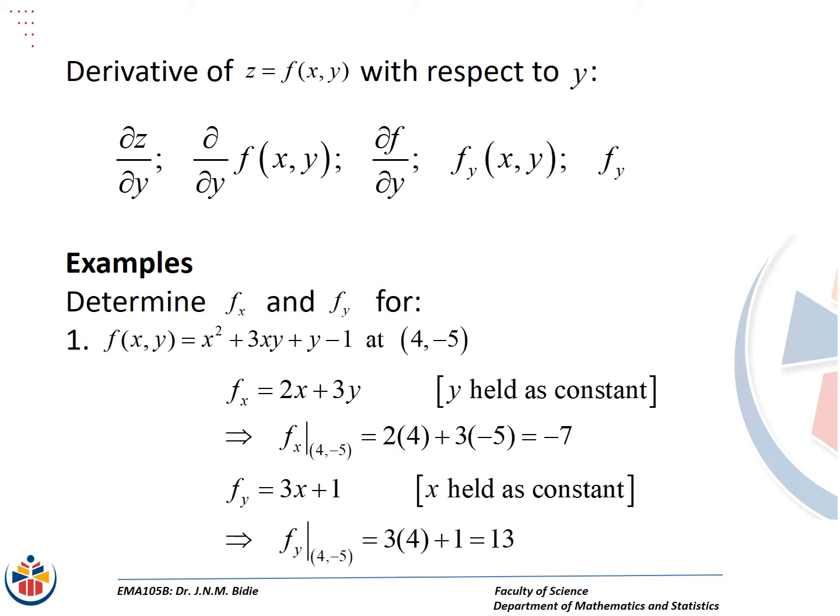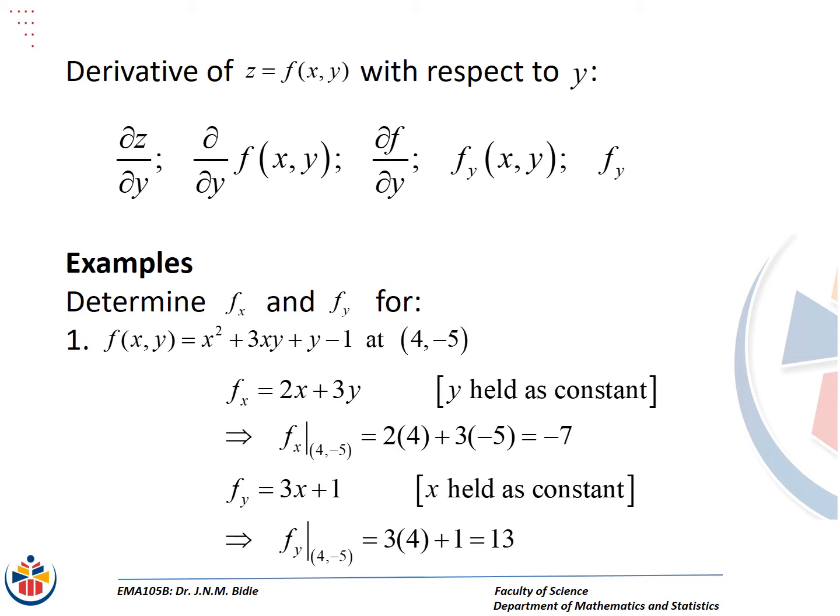So for number 1, our function is x squared plus 3xy plus y minus 1, and we are asked to evaluate it at the point 4, negative 5.